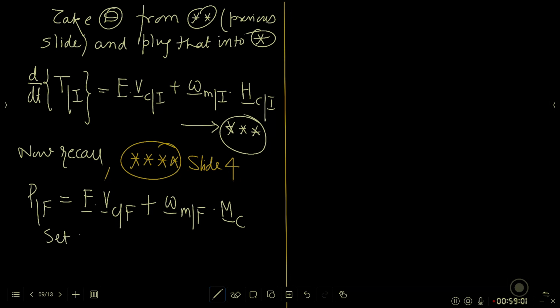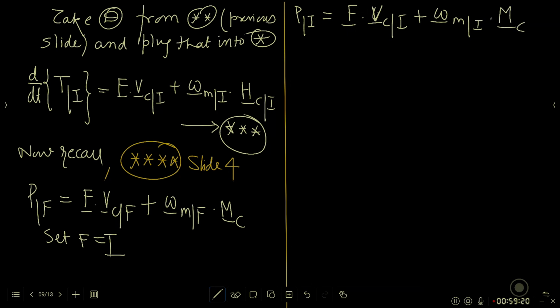It gives us this. Right? Therefore, P with respect to I is F dot VCI plus omega Mi dotted with d dt of HCI with respect to I.